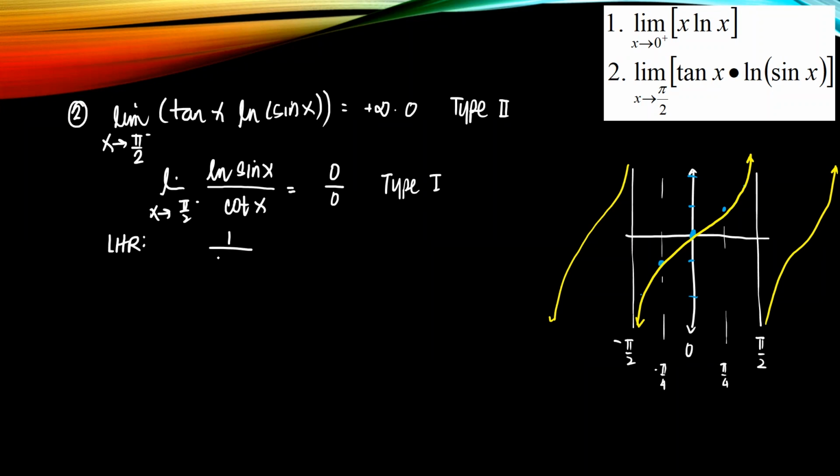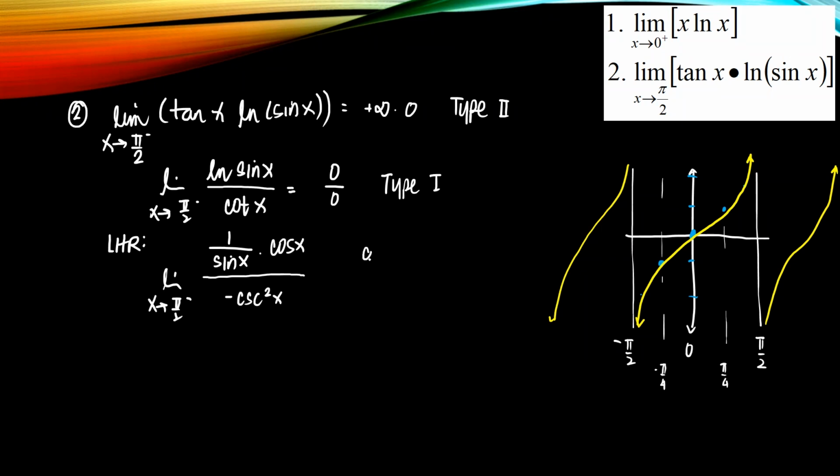1 over sine x, and then the derivative of sine x is cosine of x. Okay, we're finished with the top. The bottom, cotangent, is negative cosecant squared x. So again, it's all trigonometric. So what I would do, guys, is maybe I could simplify this first.